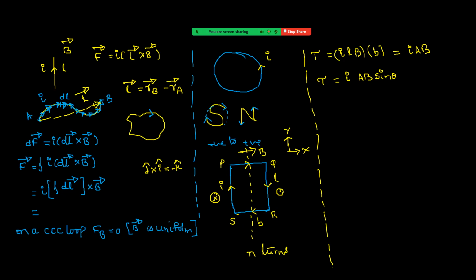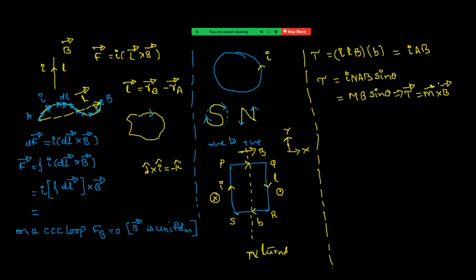For n turns, it becomes I into N into A, that is the magnetic dipole moment, into B into sine theta. So in vector form, this is taken as tau bar equal to m bar cross b bar.